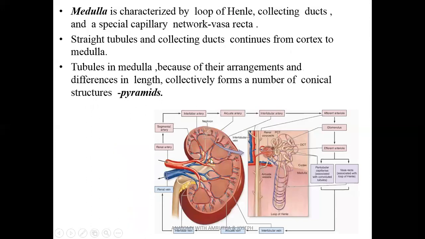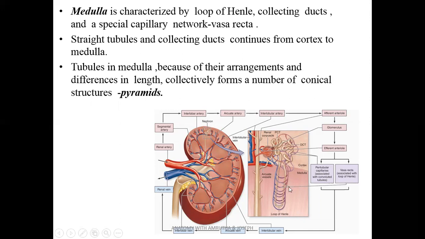Now the medulla region has the loop of Henle, collecting ducts can be seen, and another capillary network called the vasa recta. Vasa recta are again a capillary network seen near the loop of Henle in the medulla region, which are actually coming from the glomerulus.